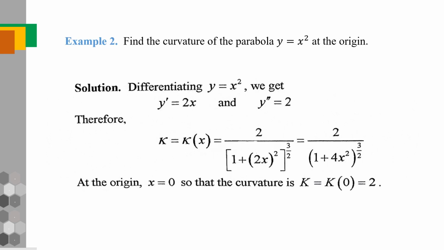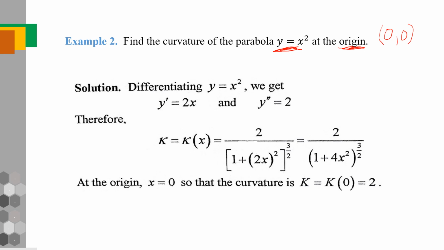Okay? And yung second example naman natin is y as a function of x. So we have y equals x squared, and we have to find the curvature of this parabola. So we know that this is the graph of the parabola, no? And at the origin, ibig sabihin yan is yung point natin is yung 0, 0. Okay, so differentiating y equals x squared, we get the following.